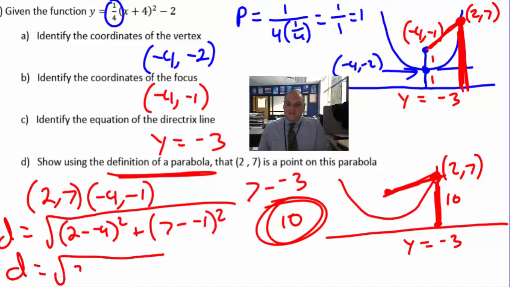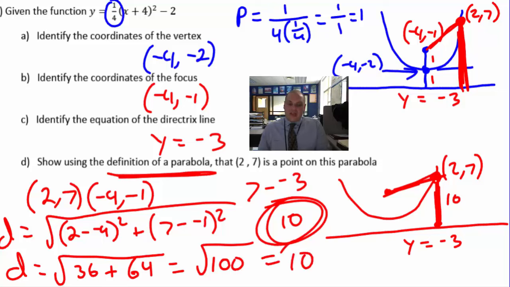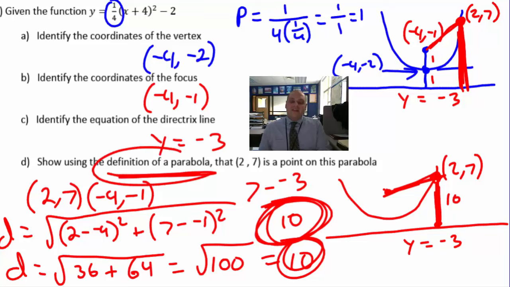That's going to be 6 squared, 36. And that's going to be 8 squared, 64. And that's radical 100. And that's 10. So see how the distance from the point to the focus is the same as the distance from the point to the directrix. That's the definition of a parabola and how you would prove that.